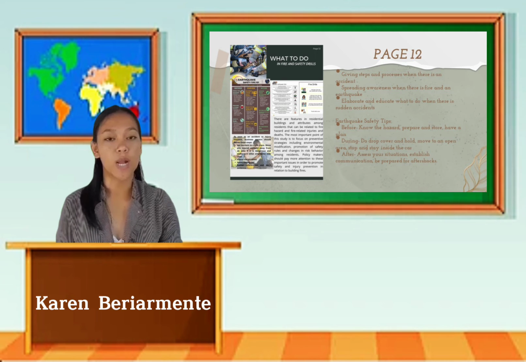Policymakers should pay more attention to these important issues in order to promote safety and injury prevention in relation to building fires. As soon as an accident or injury happens, business owners should follow these tips.